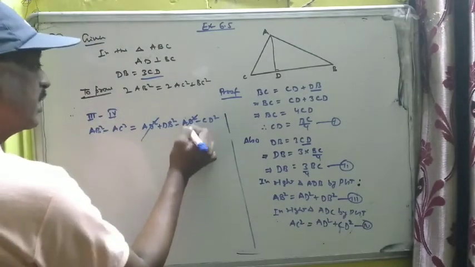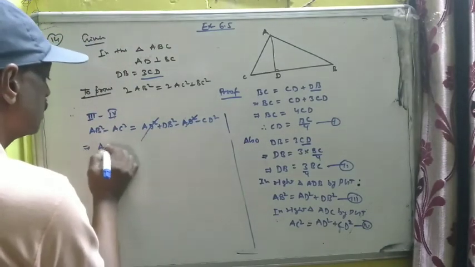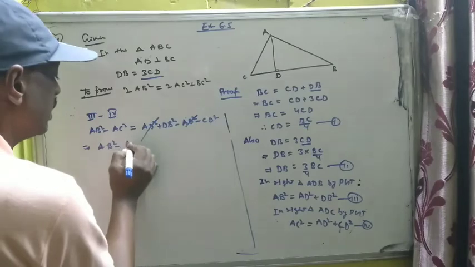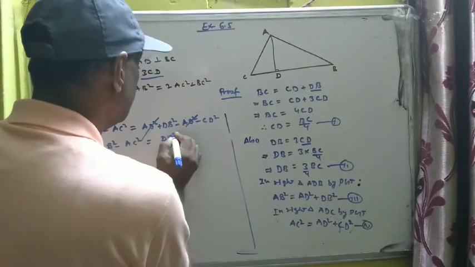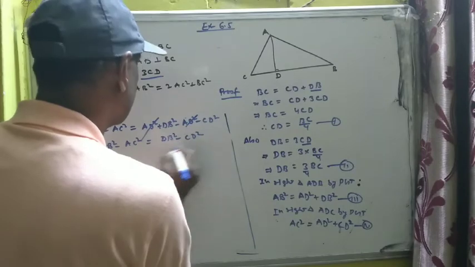Just see, AD square will be cancelled out. So AB square minus AC square equal to DB square minus CD square.